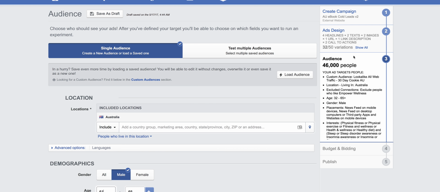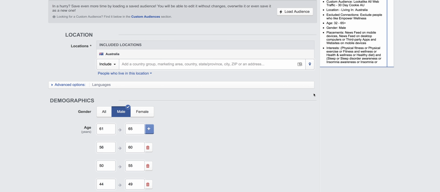As you can see, we're targeting 46,000 people, and it's a little tight. I'm going to be honest, I don't like it being that tight.